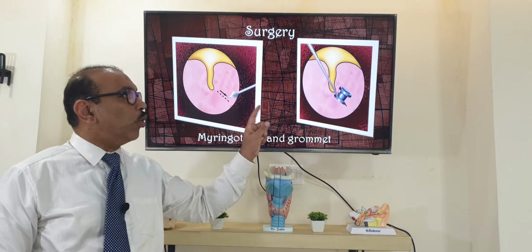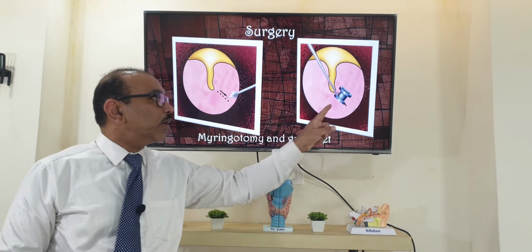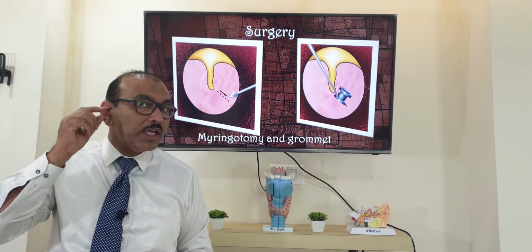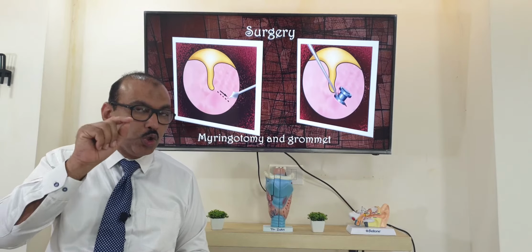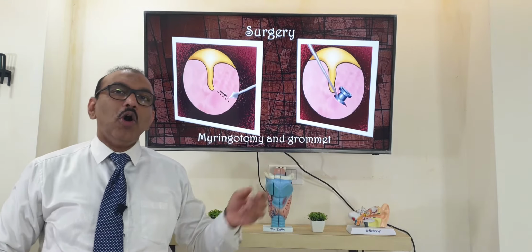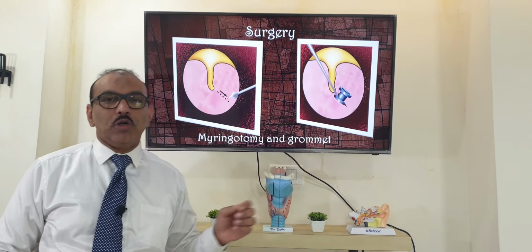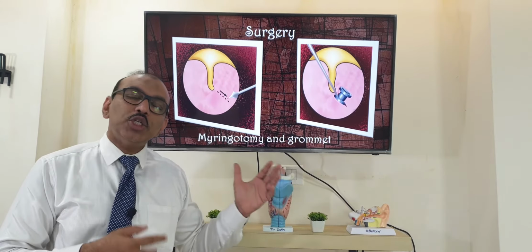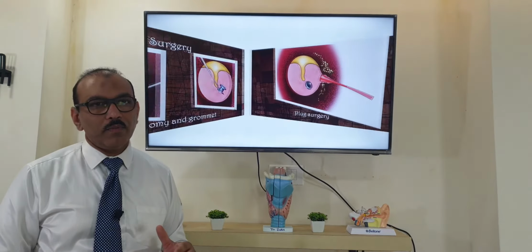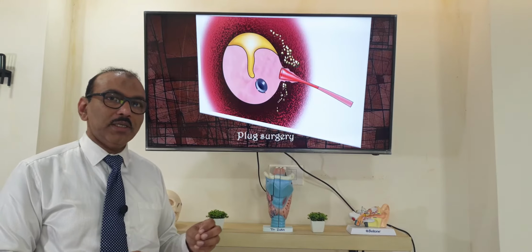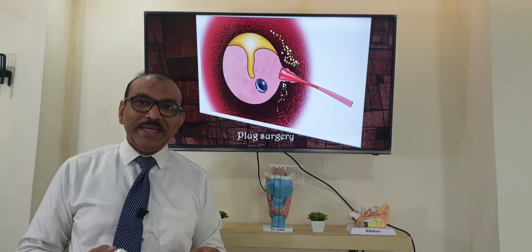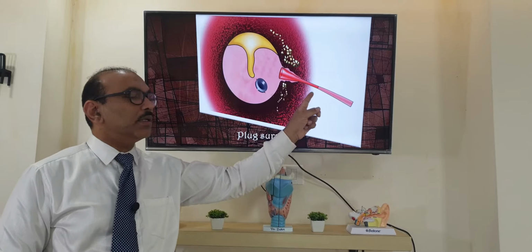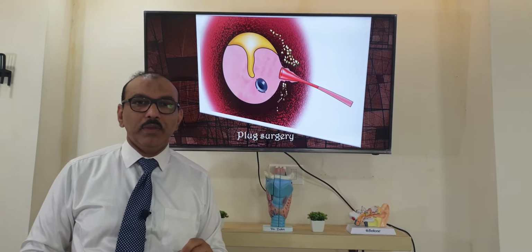If you make a small opening in the eardrum and put a grommet, the air that comes into the middle ear through the eustachian tube goes out through this grommet. So all his complaints can be solved. But this tube is not going to last long, and it has its own complications. Another option is, because the tube is very patent, we can plug the tube. In this picture, I have shown both the grommet and the eustachian tube being plugged. We do only one.